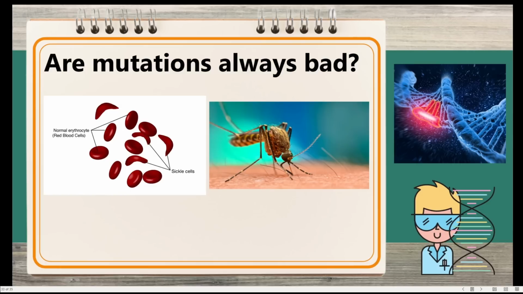So aside from dengue, kasi mas usual yung dengue sa atin, malaria is also a disease that is brought by mosquitoes. So somehow beneficial pa rin siya kasi kahit may sickle cell anemia ka, meron kang protection dun sa malaria.